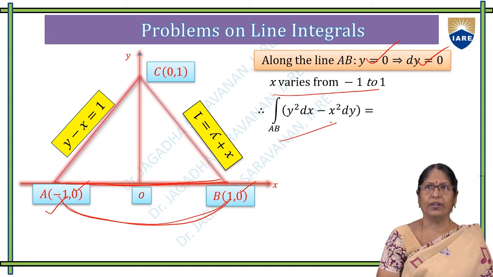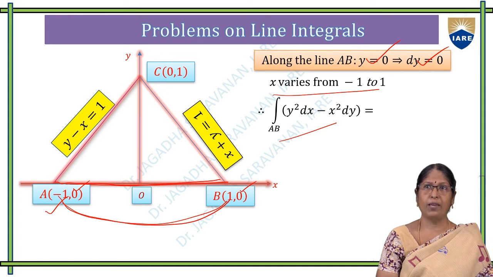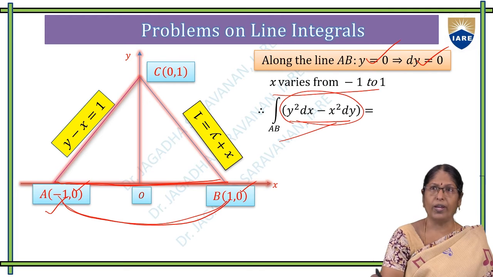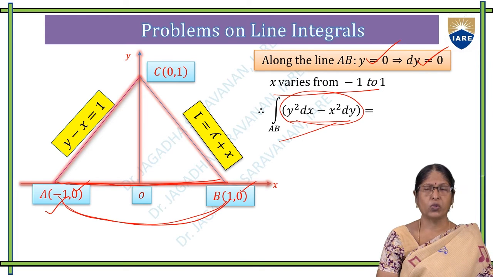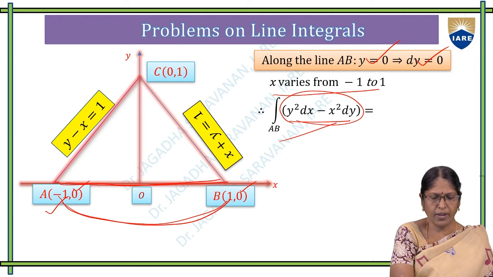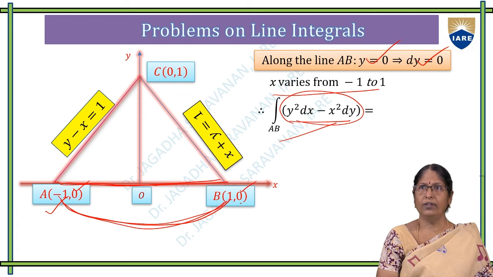This is our function: the complete line integral is the integral over C of f dot dr, which in the question is y square dx minus x square dy. The integral over C we divided into three. Along AB we move from minus 1 to 1, which is why x varies from minus 1 to 1.